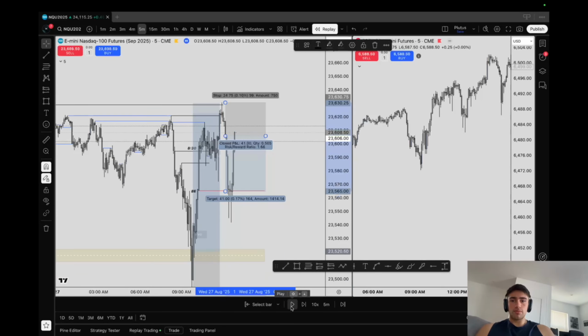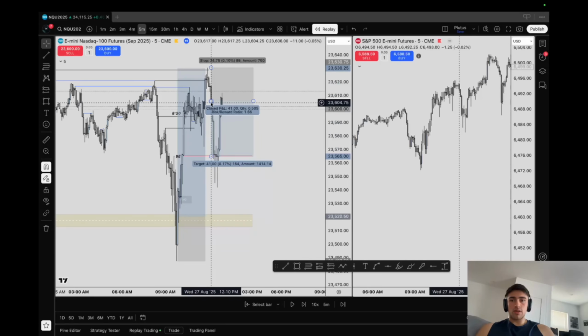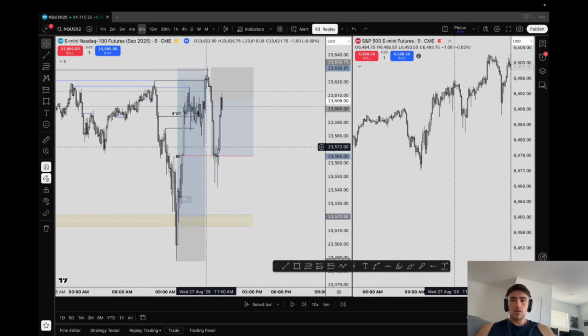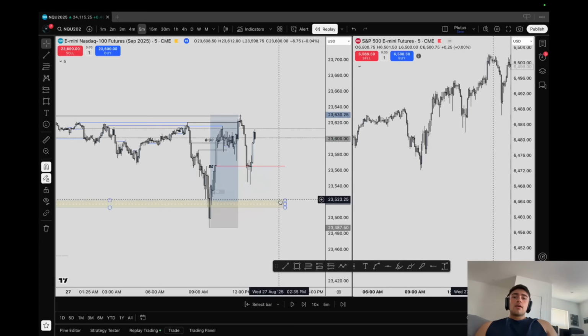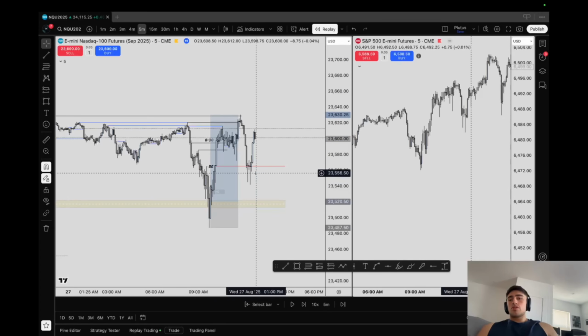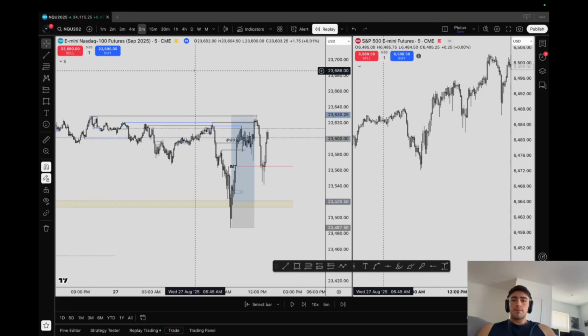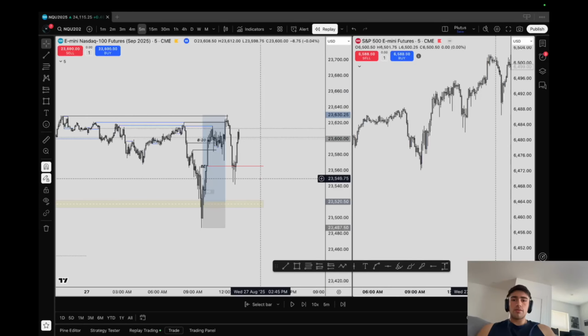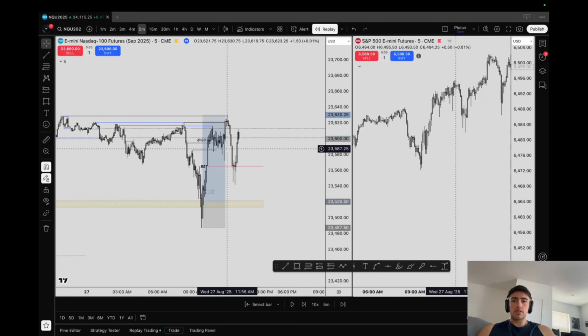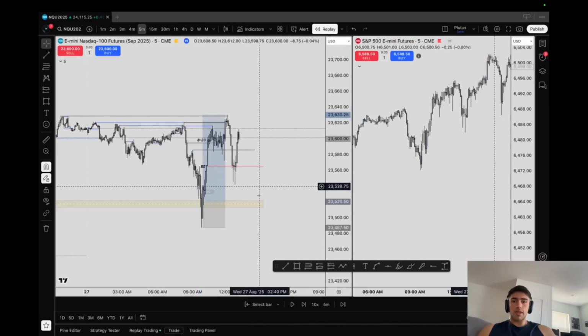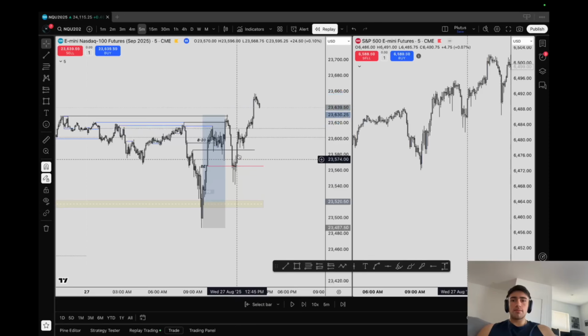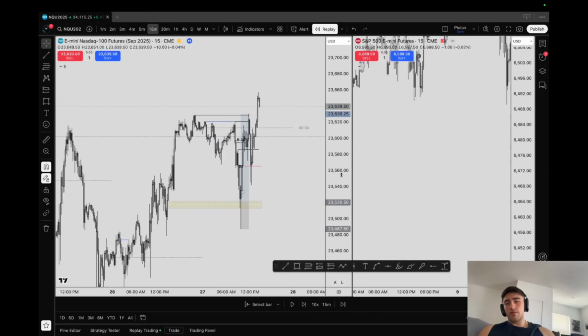So boom, delivered straight to that, right? 5-minute inversion, 15-minute unfilled, 5-minute unfilled, and then we go higher again. Just to show you guys, right? And then again, if we displace through this, we can mitigate some more breakers and then continue going higher, right? Boom, going higher. So yeah, hopefully that makes sense.